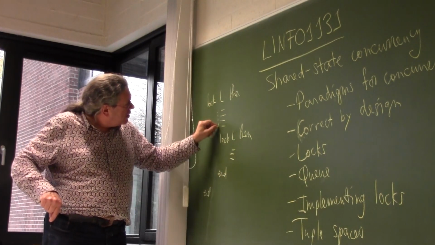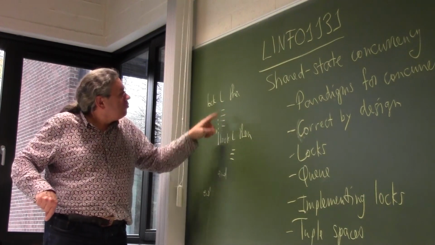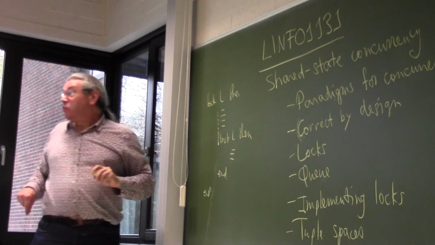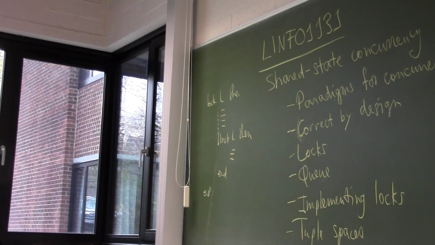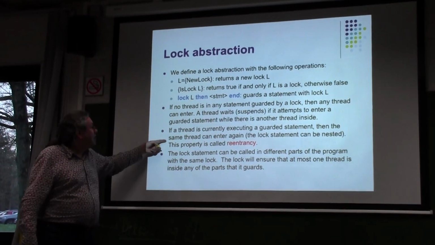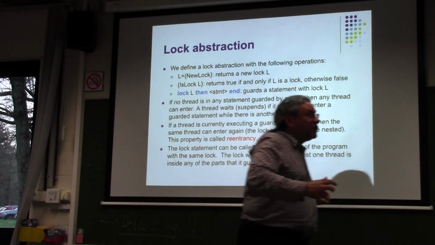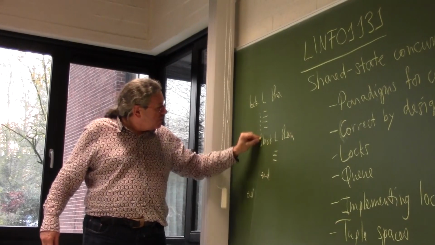So the thread is running here. What does it do? Well, it's already inside, so the reentrant lock is allowed to enter again. Okay? The lock statement can be nested. So the property is inside or outside. Once the thread is inside, you can enter again. That's what a reentrant lock can do.